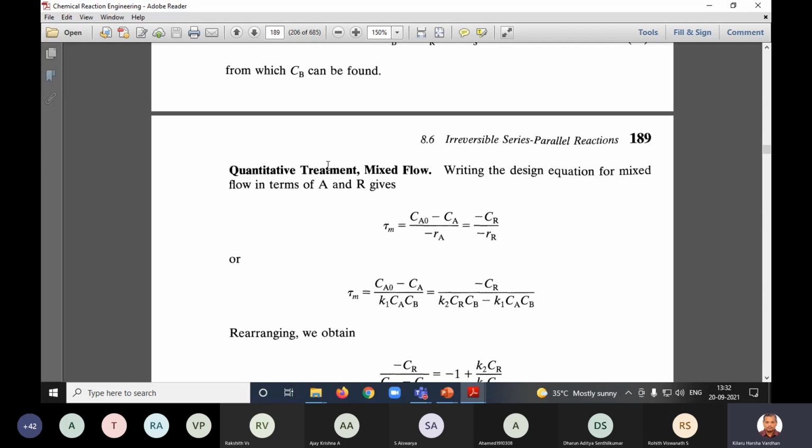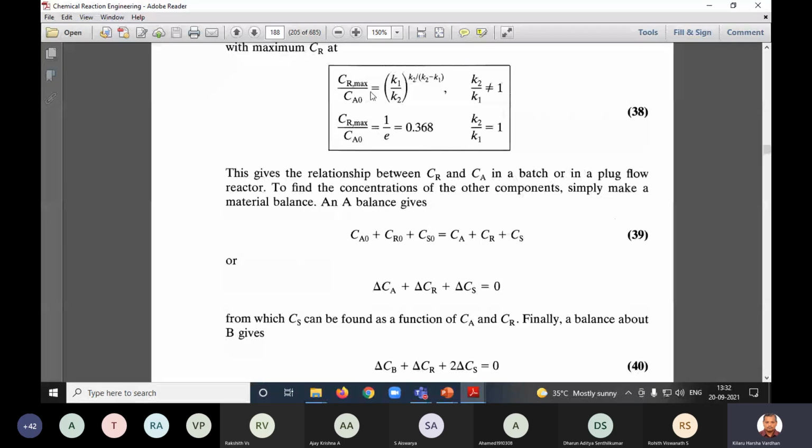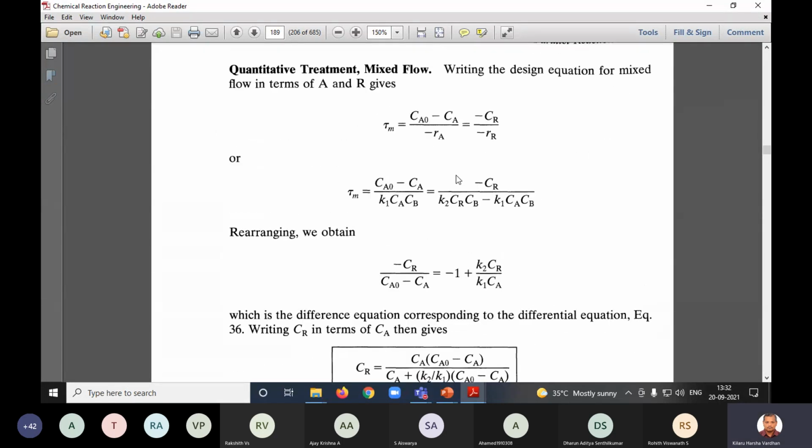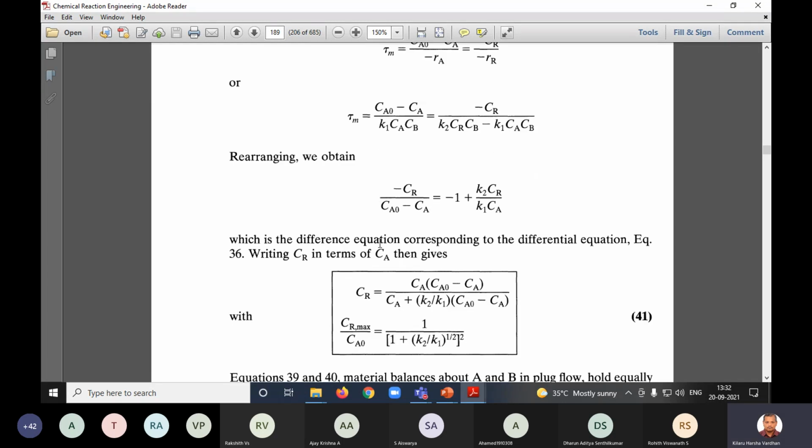Again, these equations are only for plug flow and batch. You can do it for mixed flow also. For mixed flow, tau m is CA naught minus CA by minus rA, that is equal to minus CR by minus rR. So you can do the derivation, though it's not that required.